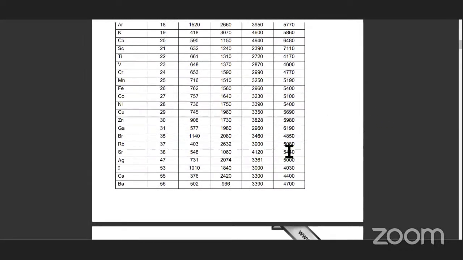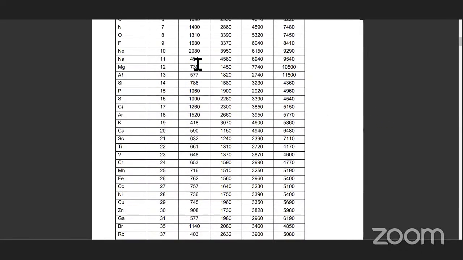So open the data booklet, and in the first few pages there is sodium over here. So this is 494, and the second one is 4560. And remember, it's surprising, but a lot of people take this as the first ionization energy. When they're trying to do this quickly, they make this mistake.